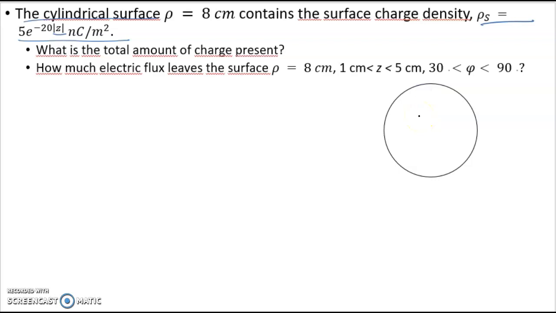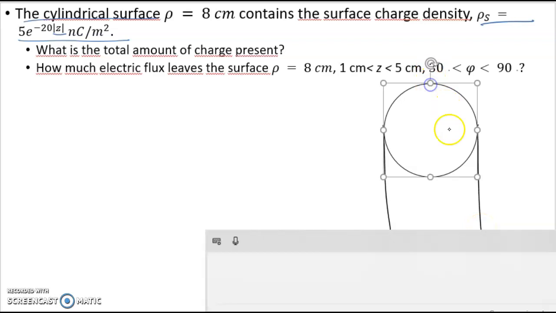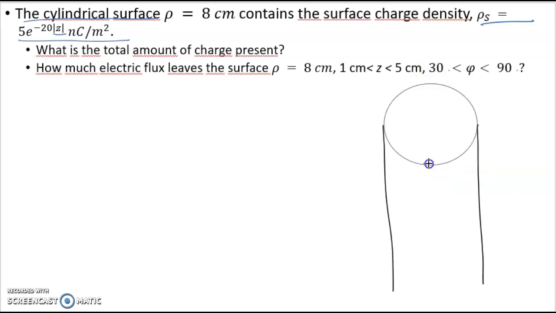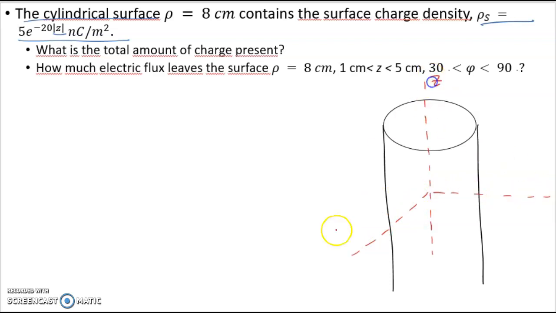It will be like a circle, so the cylinder would actually look like this, centered at the z-axis, with x and y.